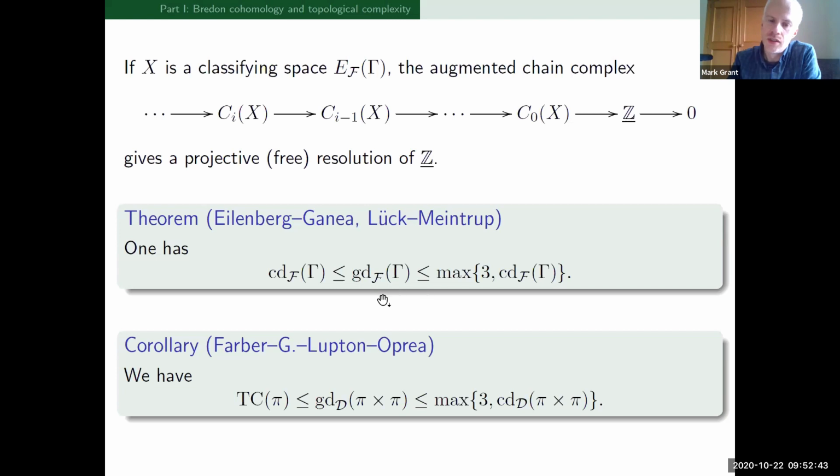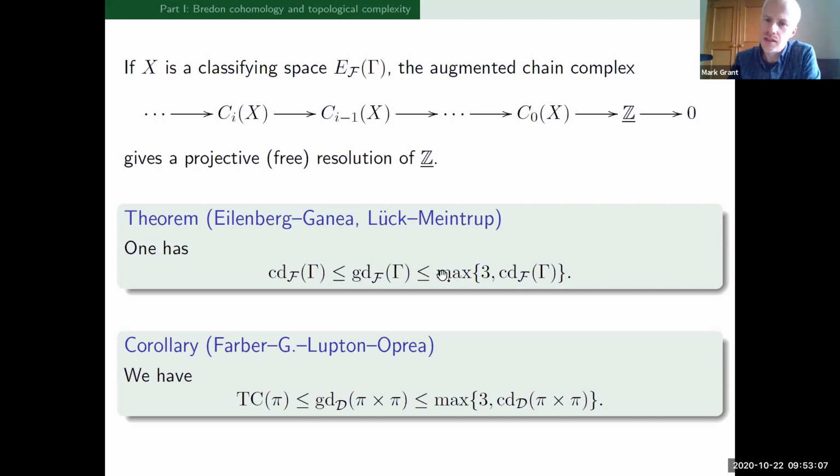And Lück and Meintrup, generalizing a result of Eilenberg-Ganea, showed that in fact you can always get a classifying space of dimension equal to the cohomological dimension, provided the cohomological dimension is at least 3.